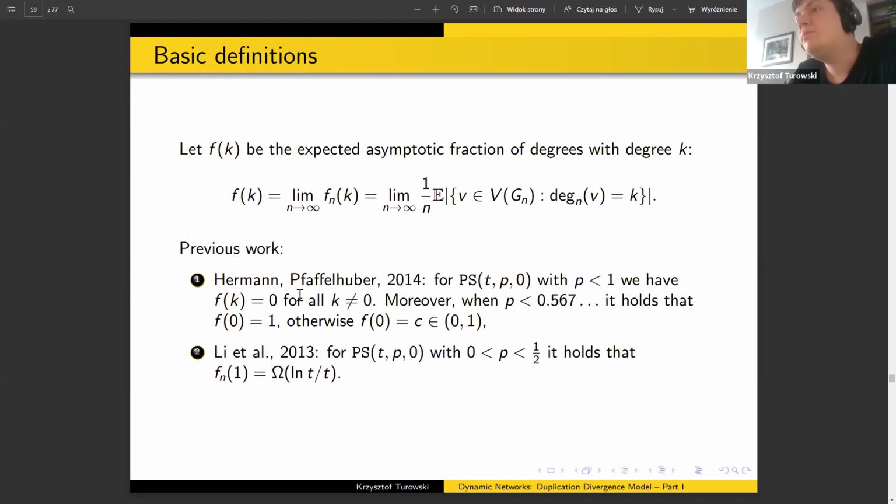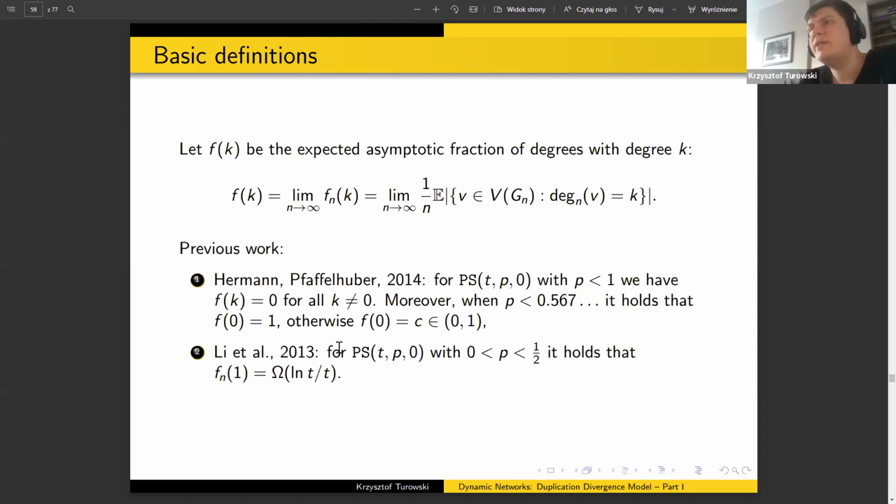And previously, it was found that almost all vertices are eventually isolated in the model with no r edges. So almost all values of f are 0, and the only non-zero value is for isolated vertices.